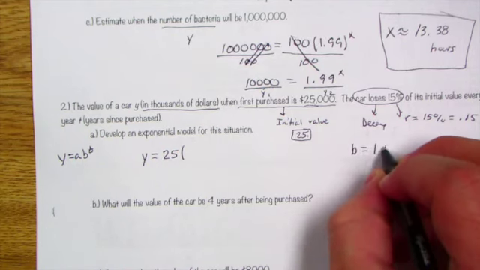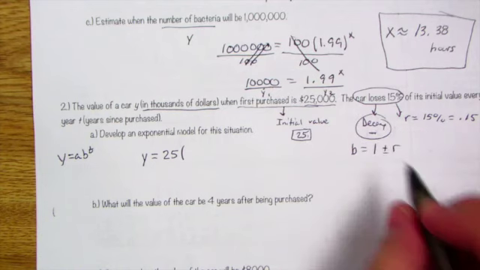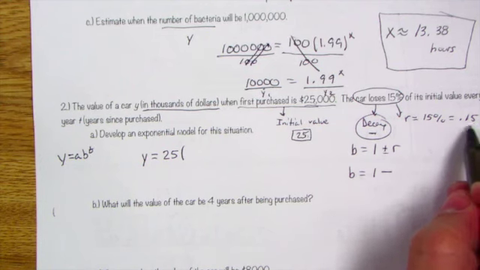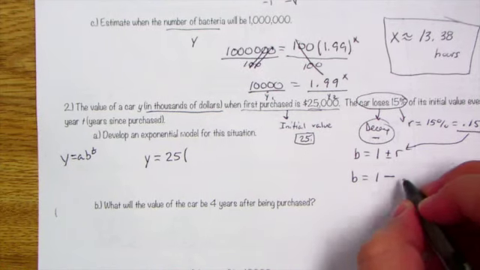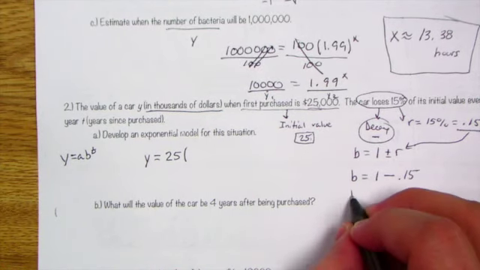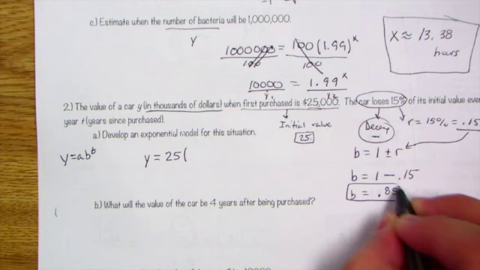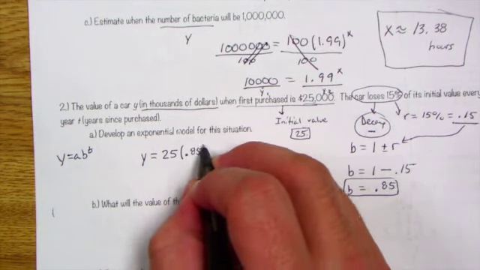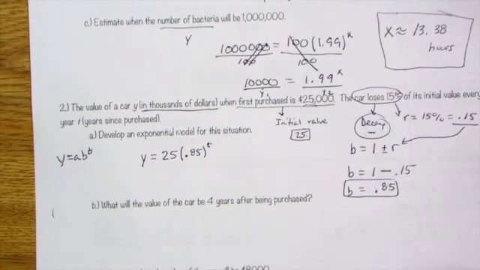In this case, since we have a decay problem, we're going to be using minus. So b equals 1 minus the percent rate of change as a decimal, so minus 0.15. Therefore, b equals 0.85. So our b value will be 0.85, and then to the t power, which is time.